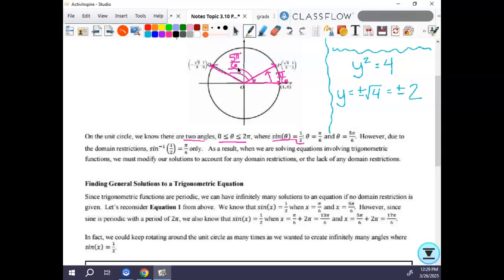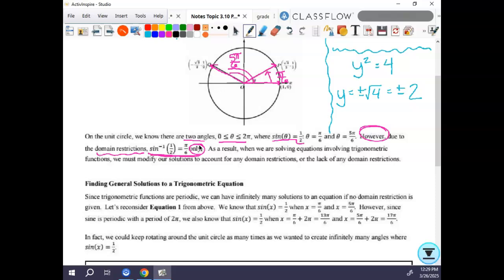There are two places where the sine of the angle gives me 1/2. However, due to domain restrictions, sine inverse of 1/2 is pi/6 only, because we were restricted to that little piece. So if I'm looking at one lap around the unit circle, there are two places where the sine of the angle gives me 1/2, but when I have the sine inverse, I only get pi/6.